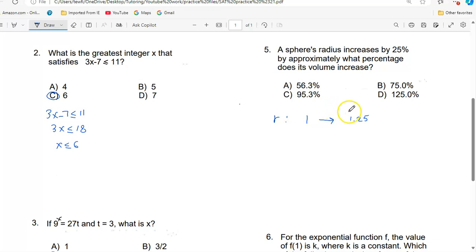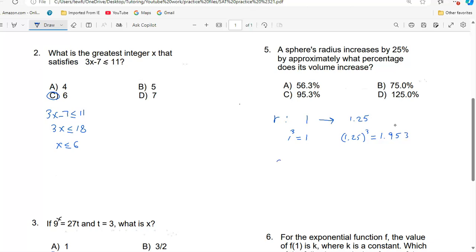Actually, we just concentrate on the radius, and in the formula for the volume, the radius will be r cubed, right? And if it's increased 25%, it will be 1.25 cubed. So from 1 cubed, which is 1, to 1.25 cubed, you can use your calculator, and that should be 1.953.